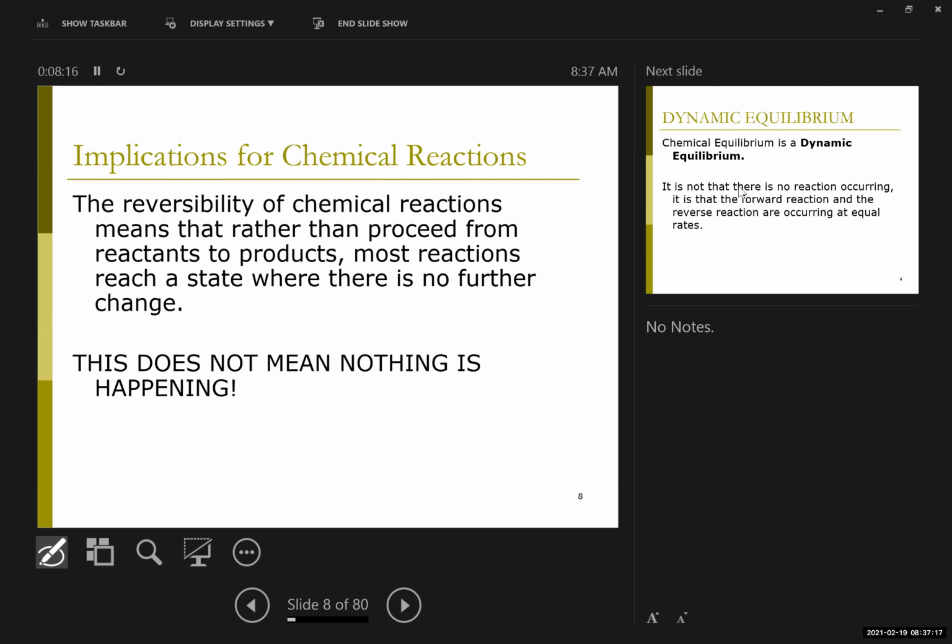In a limiting reactant world, my reaction proceeds till I'm out of something and then everything stops. In an equilibrium world, I proceed to this point of balance, but my point of balance is really more a question of balancing two things that are happening simultaneously and continue to happen.